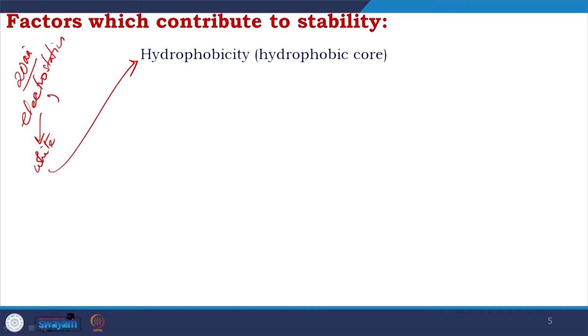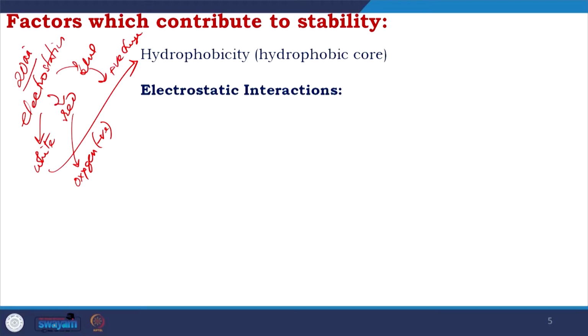Then you get red, which will show you hydrophilic, the oxygen and negative charge, and then you get blue, which is nitrogen or positive charge. So in that way, when you look at the electrostatic presentation, you will get the hydrophobic amino acids.